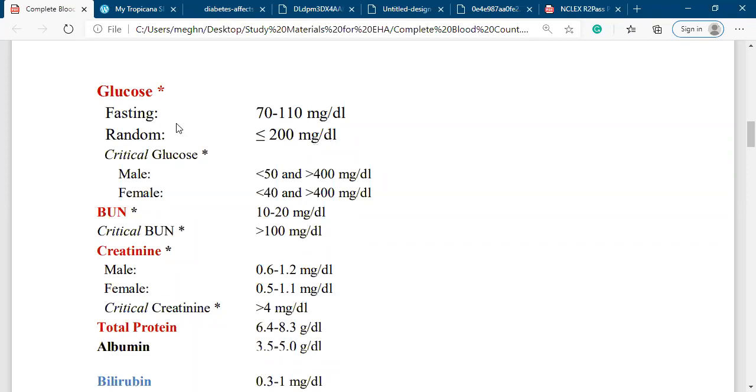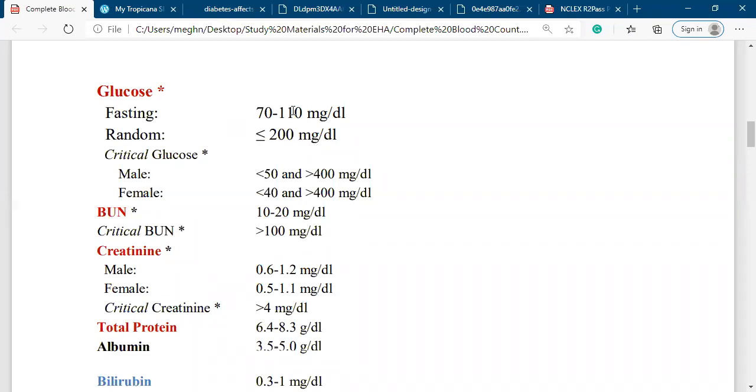Fasting means you go to the lab without eating, without breakfast, lunch, anything. But if you go random, that time the target should be less than 200 milligram per dL, right?